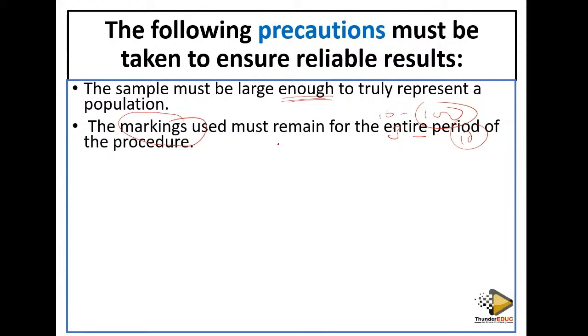Markings used must remain for the entire period of the procedure, meaning that when you put a mark, that mark must be able to be recognized in the next capture so that you know exactly how many were recaptured.